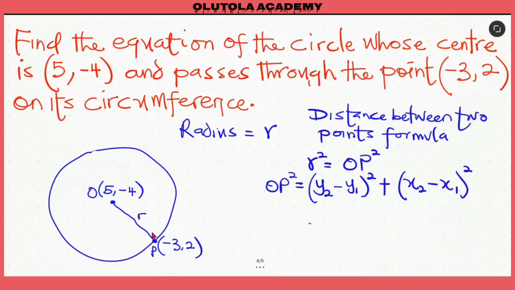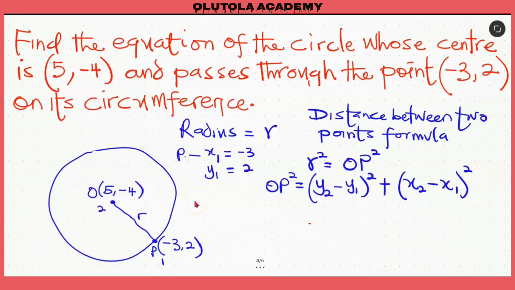Now what I'll do next is to identify my x1, y1, x2, y2. I'll take point P to be my first point, and point O to be my second point. So x1 is going to be -3 and y1 is equal to 2.